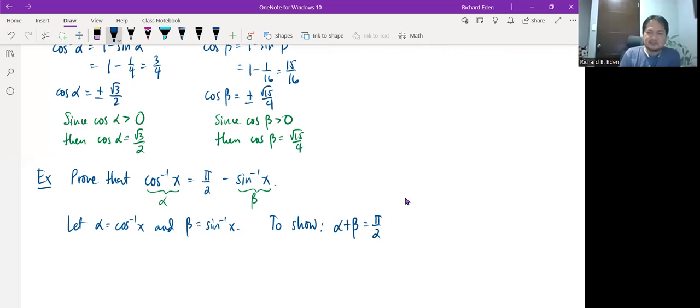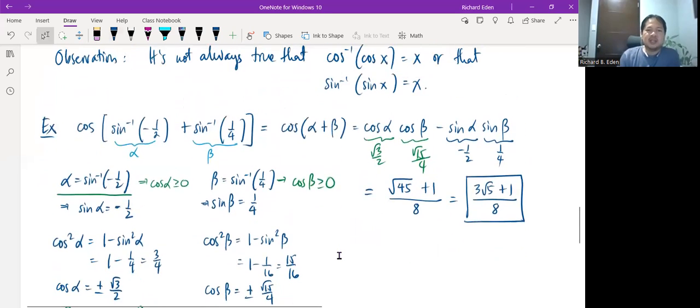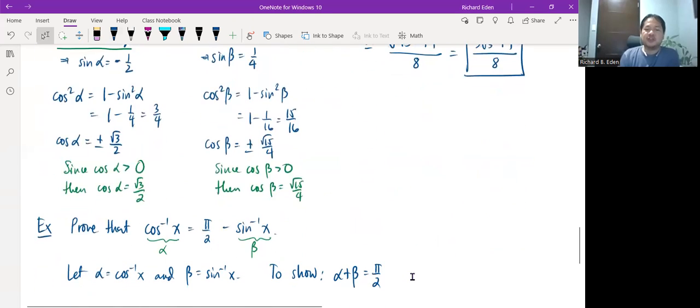Okay, alpha plus beta equals pi over 2. Now, the difference from the previous example is that effectively we need to prove that cosine inverse of x plus sine inverse of x is pi over 2.